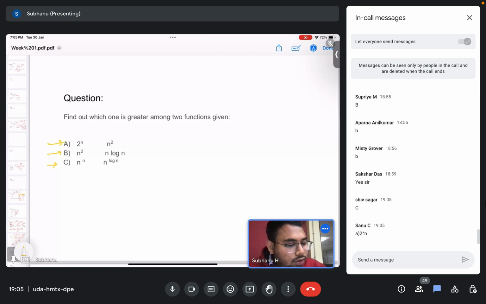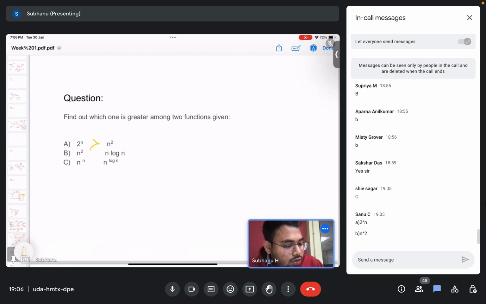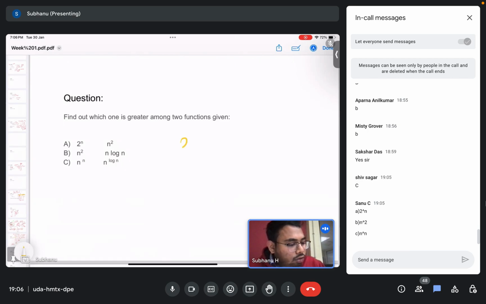Is 2 to the power n greater or n square greater? I want the answer for this one.